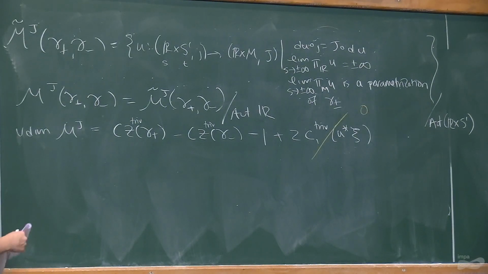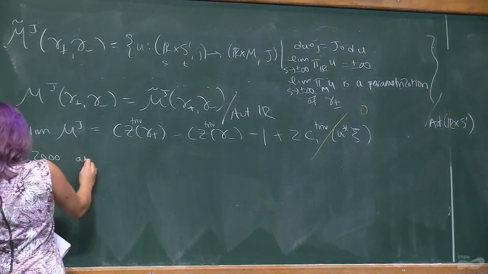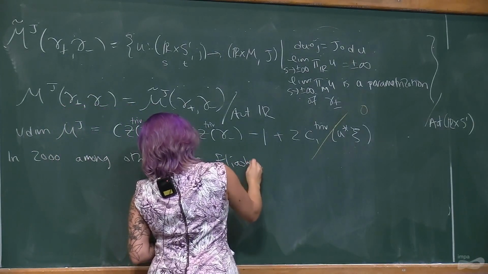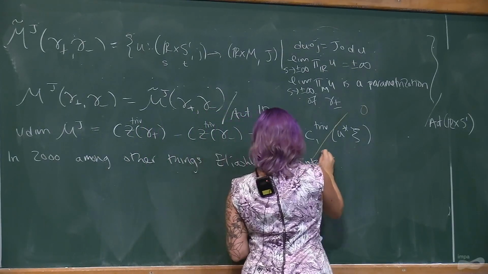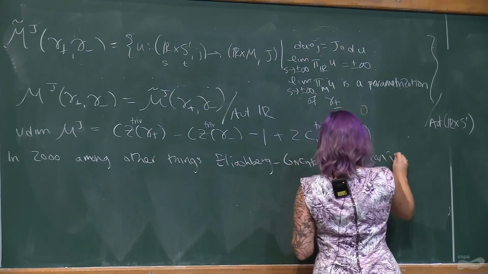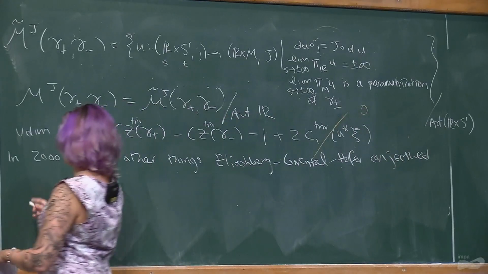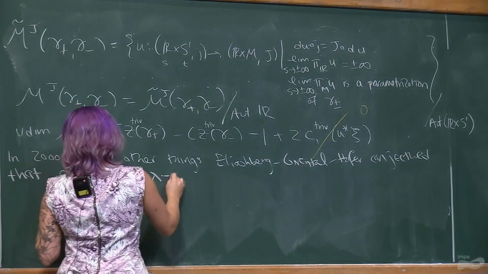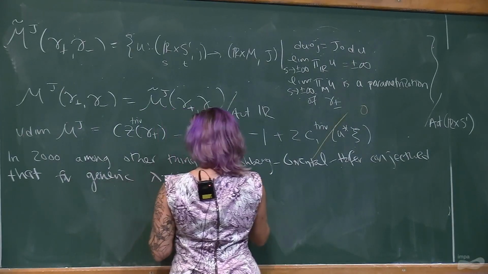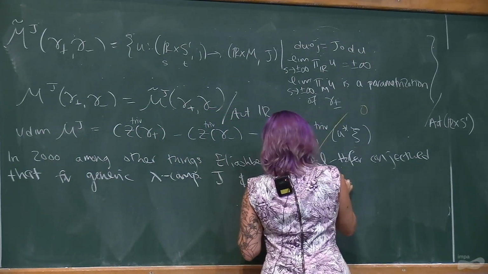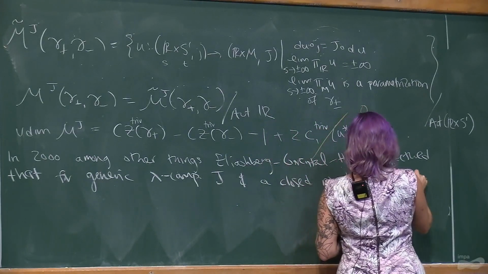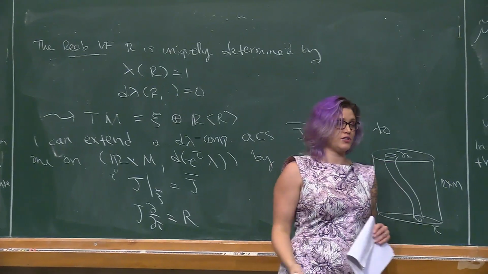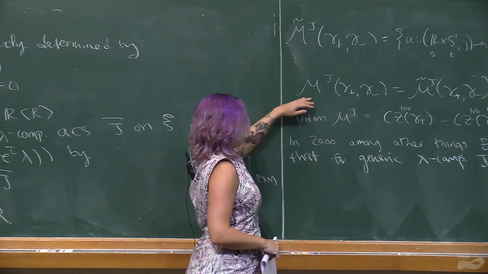Okay, so the hope was that in 2000, among other things, Eliashberg, Givental, and Hofer conjectured that for a closed non-degenerate contact manifold, you could form a chain complex generated by the closed Reeb orbits, and then the differential would be a weighted count of elements of this moduli space.